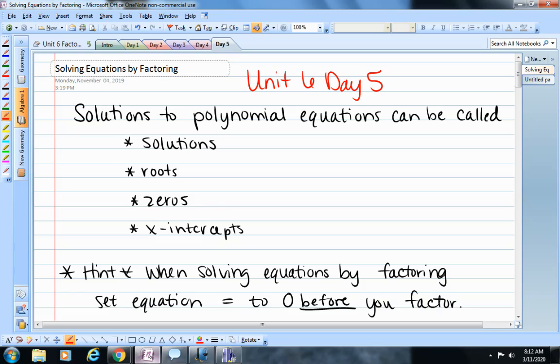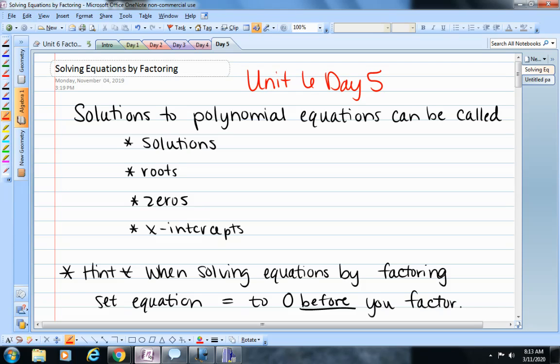Okay, so we have talked about before how we have all these different names for the answers to a polynomial equation. Sometimes they could be called solutions. They could be called roots. We'll see next unit why they're called roots. They're called zeros and x-intercepts. So zeros and x-intercepts are the ways we have seen them before when we were talking about the zeros of a polynomial in a graph.